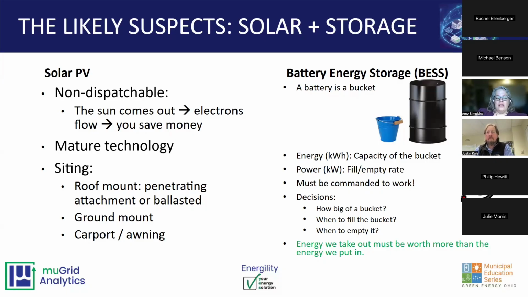Ground mount solar is typical when you have a lot of land available. Sometimes the land can be multi-use. We're seeing a rise of agrivoltaics where you can cultivate, plant the land, or graze it with livestock in between your solar panels. And that, again, is a symbiotic situation because the animals who are grazing keep the grass down so it doesn't shade your solar panel.